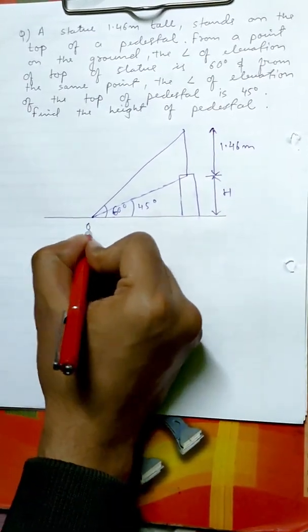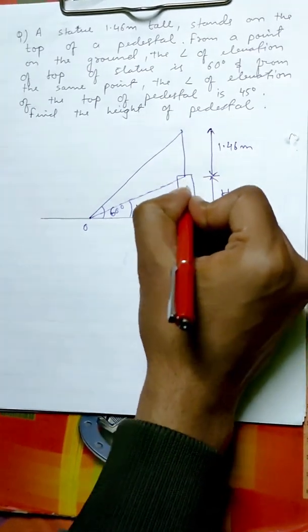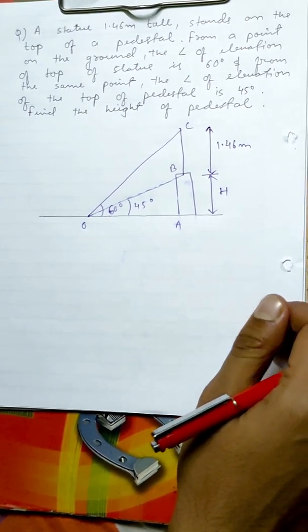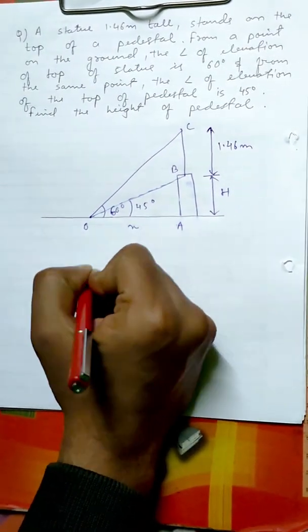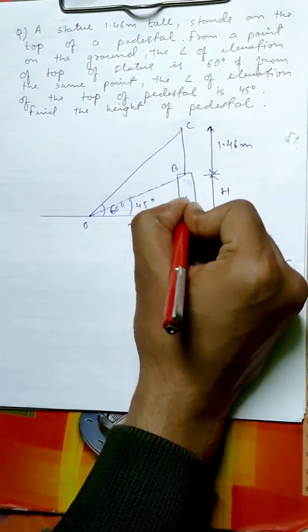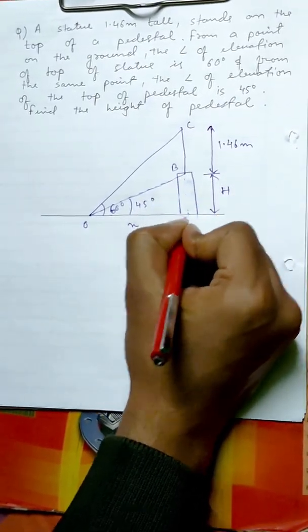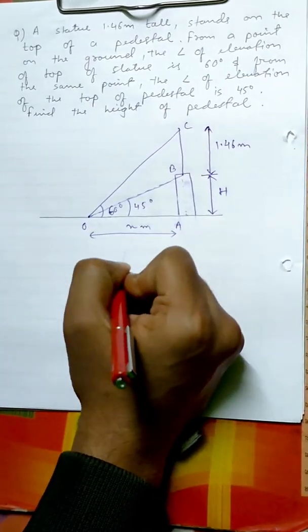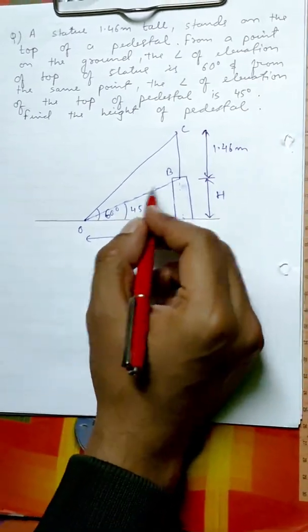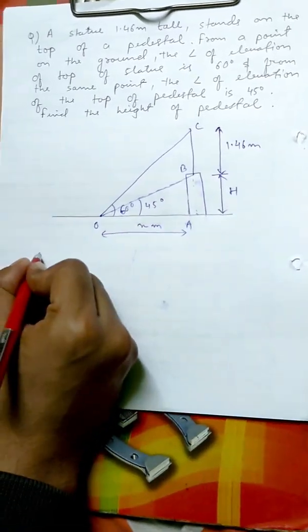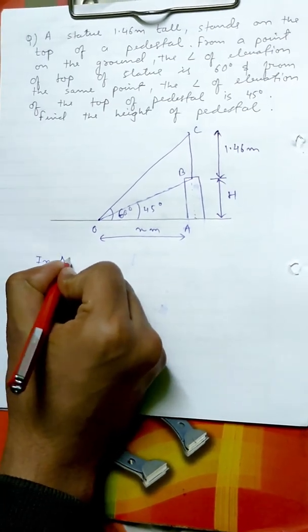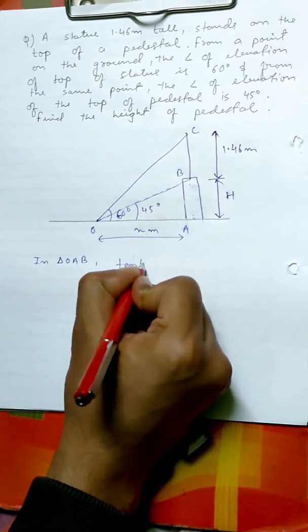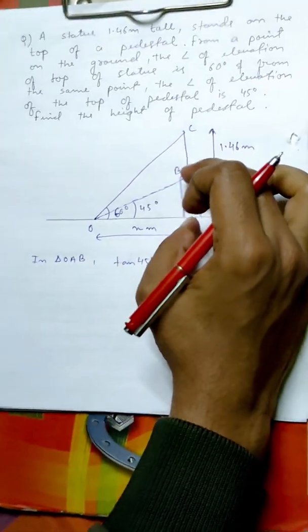Let this point be O, A, B, C. Let this distance be x. Actually this point will be A, the middle point. This is x meter. So in triangle OAB, tan 45 equals AB by OA.